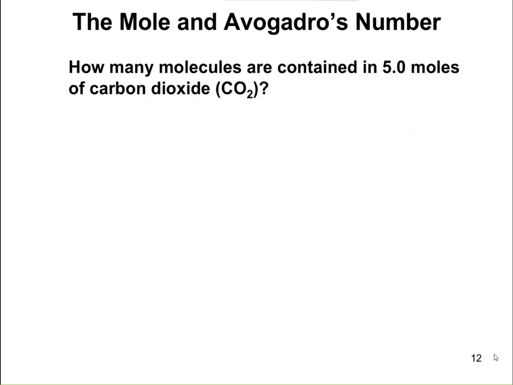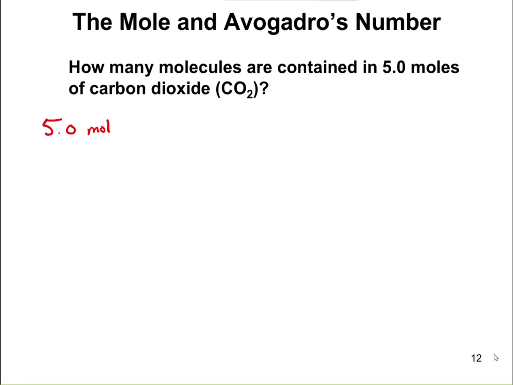All right, so if we were to look at this, how many molecules are contained in 5 moles of carbon dioxide? So we're going to have 5.0 moles, and the abbreviation for moles is MOL, and a lot of times people will try to use shortcuts and use MOL to abbreviate molecules, which you can't do.